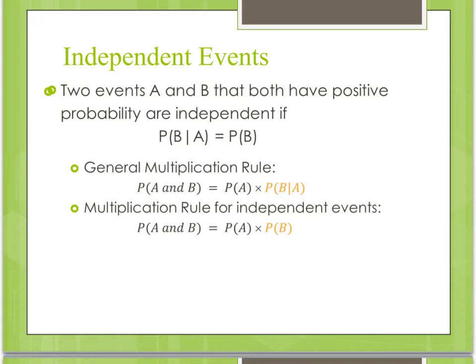If our general multiplication rule tells us that the probability of A and B is the probability of A times the probability of B given A, then for independent events it's just the individual probabilities multiplied, because the probability of B given A and the probability of B are the same.